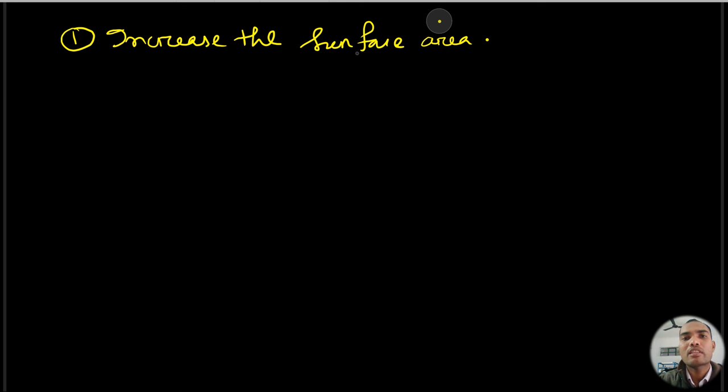Because in the chemical engineering field, reactions generally happen at the surfaces. Suppose I want to react a football-sized ball with some chemical, it will take a very long time to react. But if I crush it into smaller sizes and try to react it with the same chemical, it will react very easily. So definitely increasing the surface area will help us accelerate the rate of reaction.